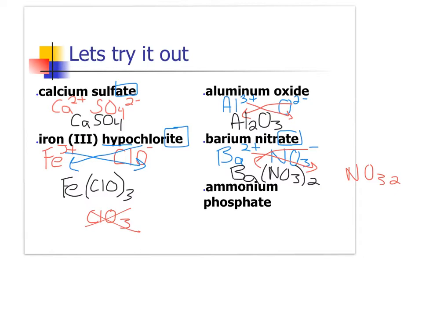You have to know that it's a polyatomic ion, or look it up and say, geez, that looks different. I can't find it on the periodic table. And therefore, you need to know that it's NH4 with a positive charge. There's phosphate, which is PO4 with a negative 3 charge.